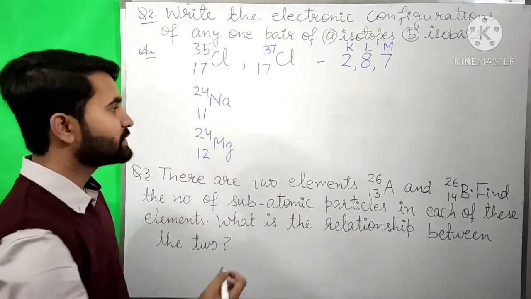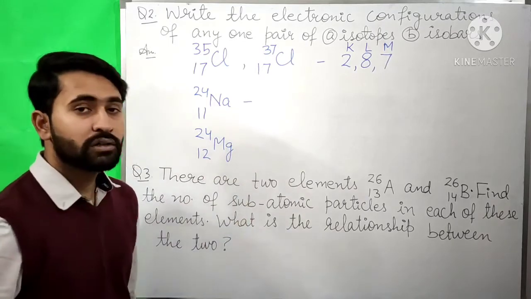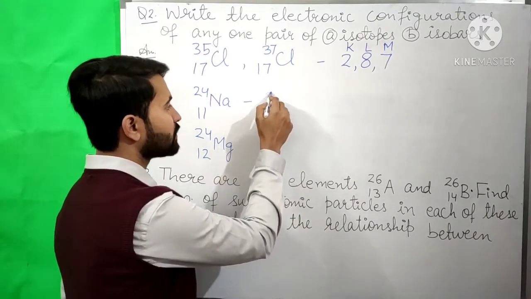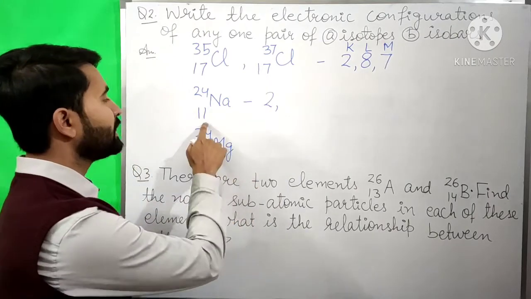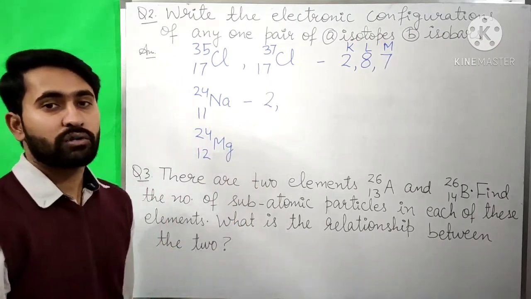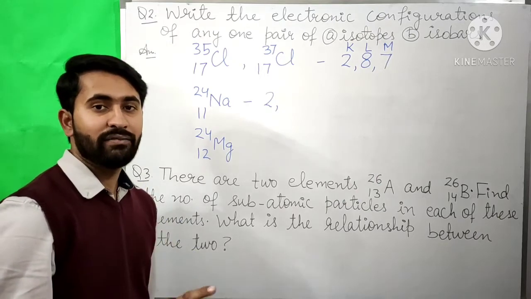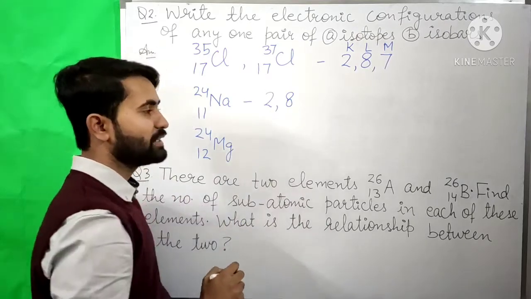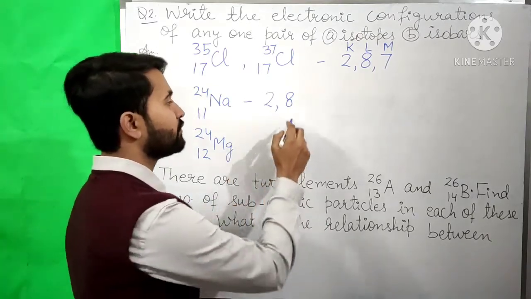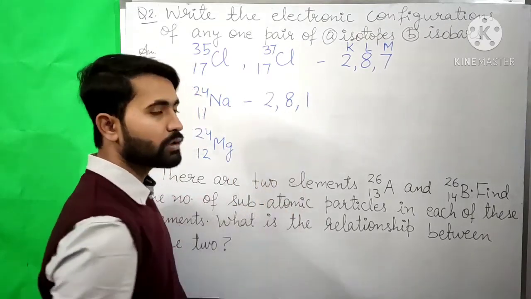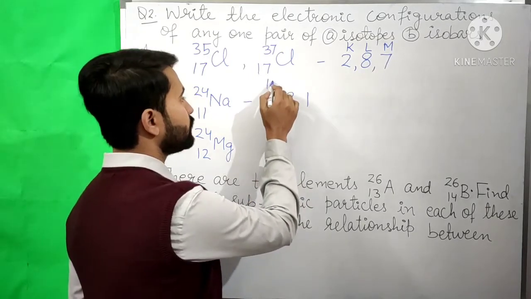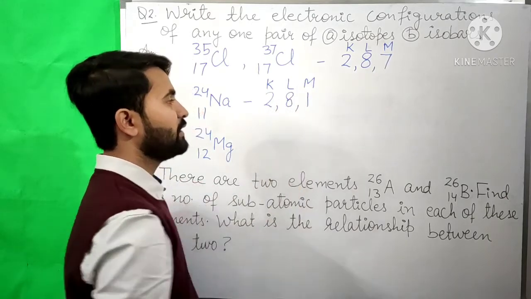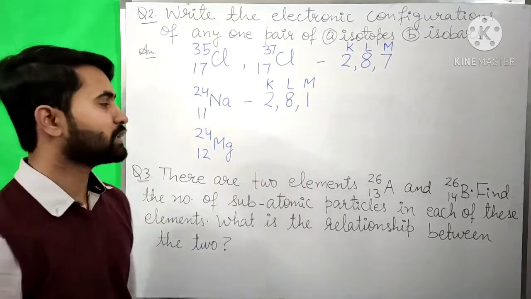First of all, 2 electrons will be in the K shell. Now 9 are remaining. Out of 9, the L shell can have a maximum of 8 electrons. So 8 electrons in the L shell. Now the remaining is 1. That 1 electron will go in the M shell. So 2 electrons in the K shell, 8 electrons in the L shell and 1 electron in the M shell.